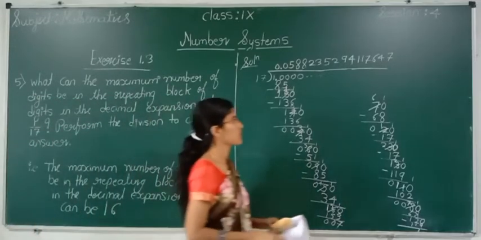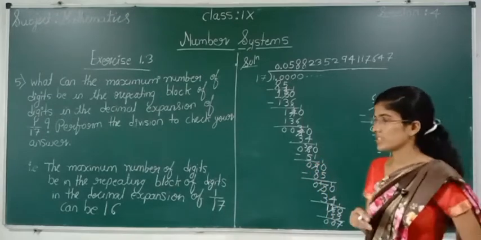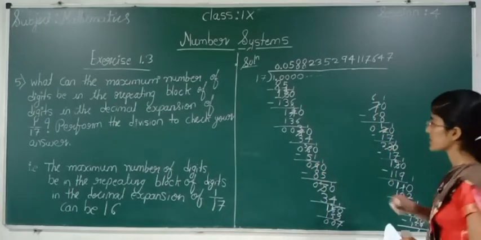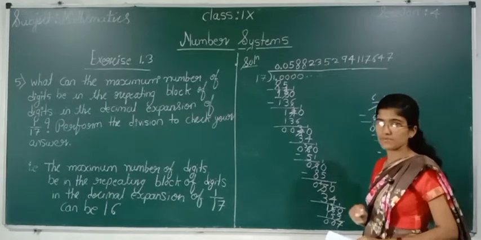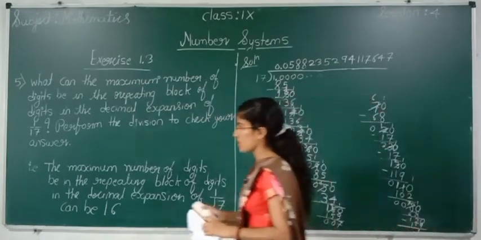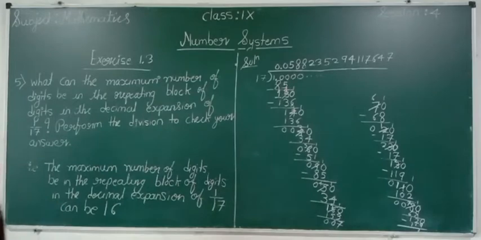The maximum number of digits in the repeating block of digits in the decimal expansion of 1 by 17 is 16. Okay. Now we will see the next question.